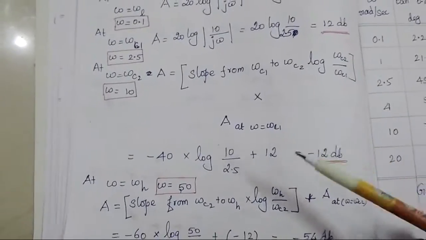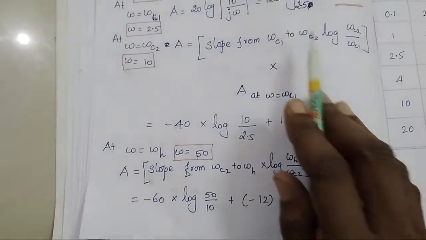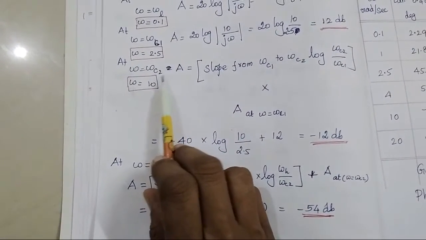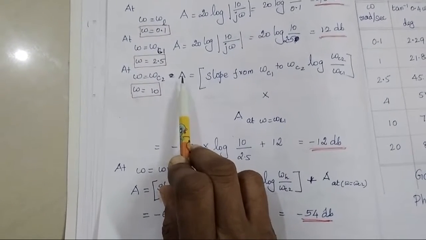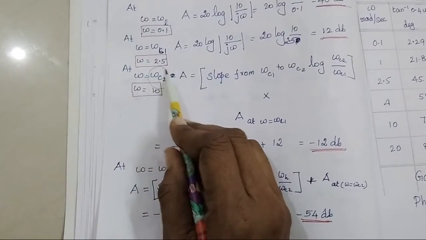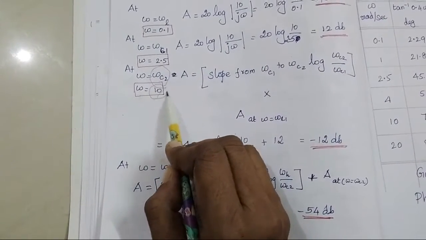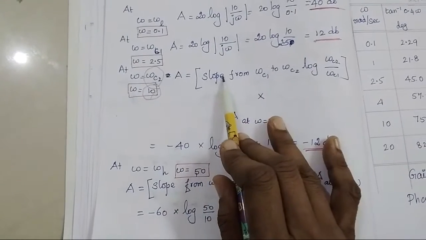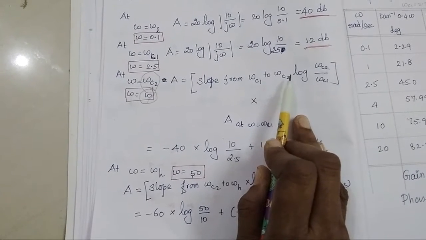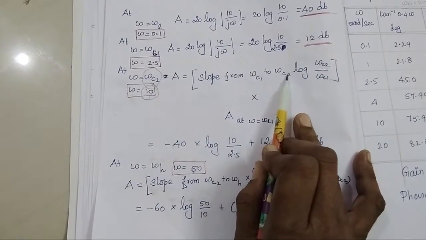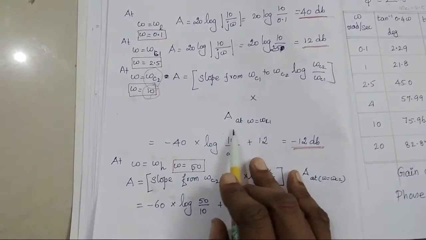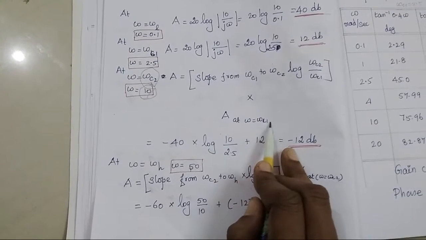Then, as per the procedure discussed in the last video, we are well aware of how to calculate the gain A at frequencies where the slope changes. So A for omega C2, as per the given problem, is 10. A equals the slope from omega C1 to omega C2 times log of omega C2 by omega C1, plus A at omega equal to omega C1.